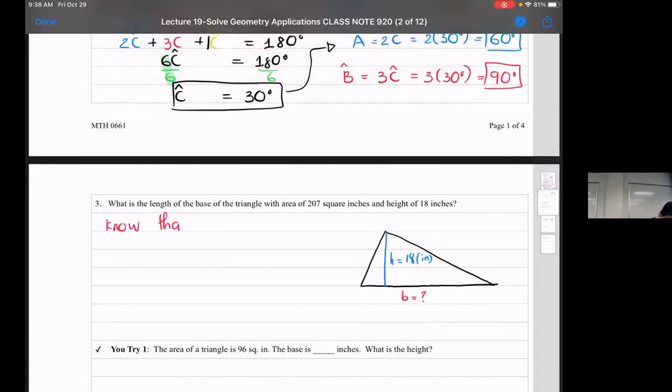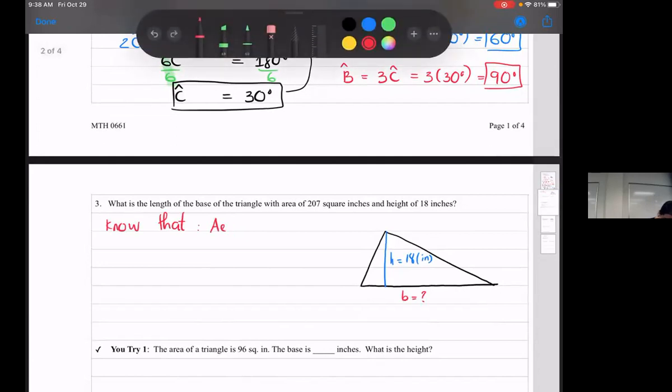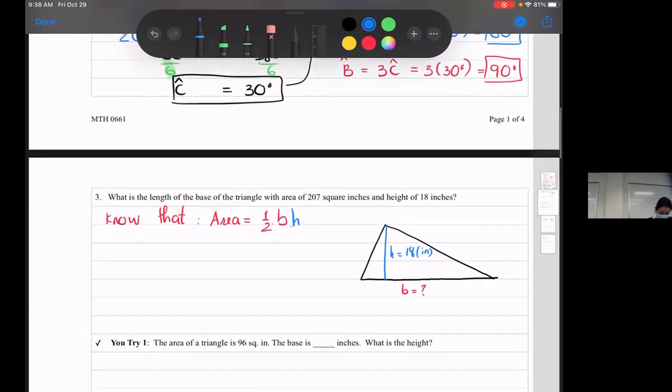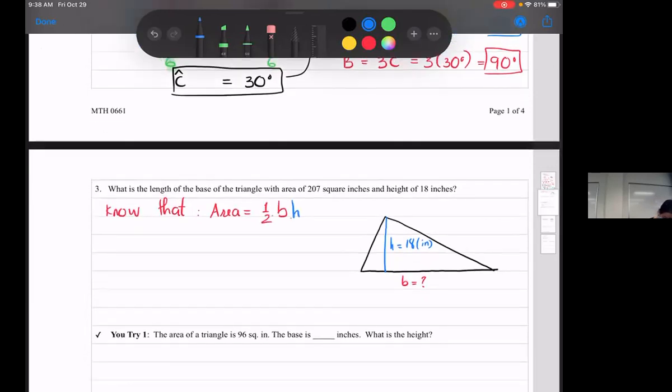What is the area of the triangle? And then the formula: area equals 1/2 base times height. They're all multiplication here. Well, the area given is 207, so on the left-hand side, area is 207.